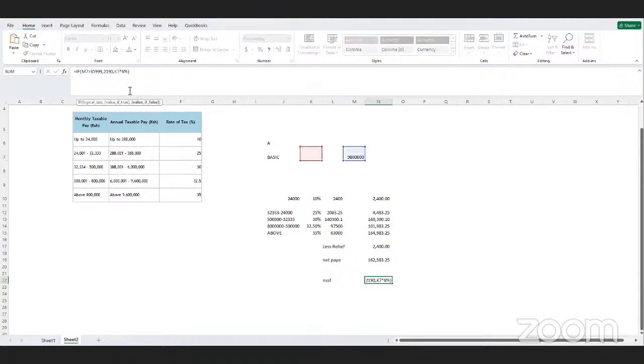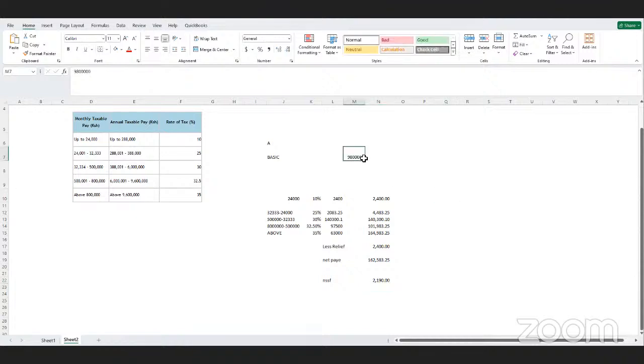So if, assuming this is 24, 25, that 33, 32,000, they will take 6% of that. They will take 6% of this. Also, you can use the if function to calculate your pay in the same scenario.